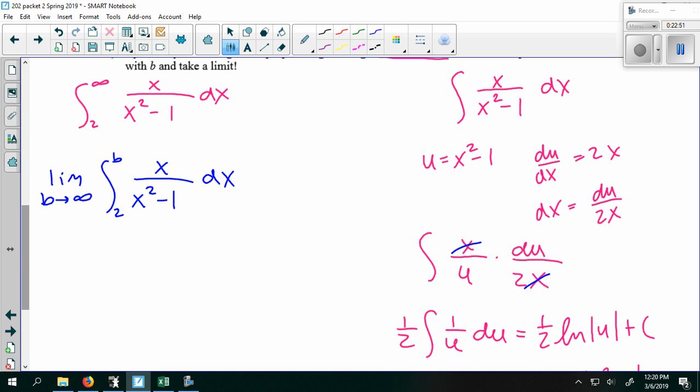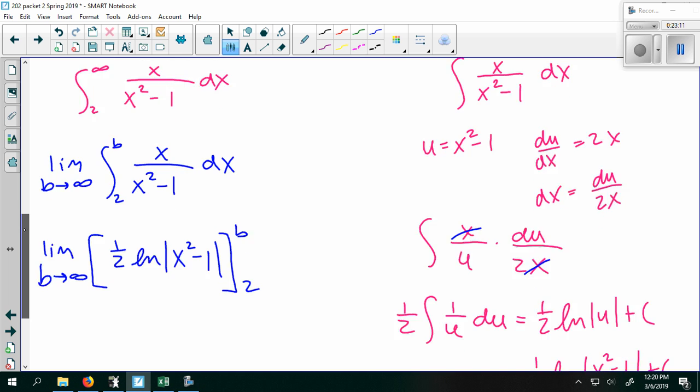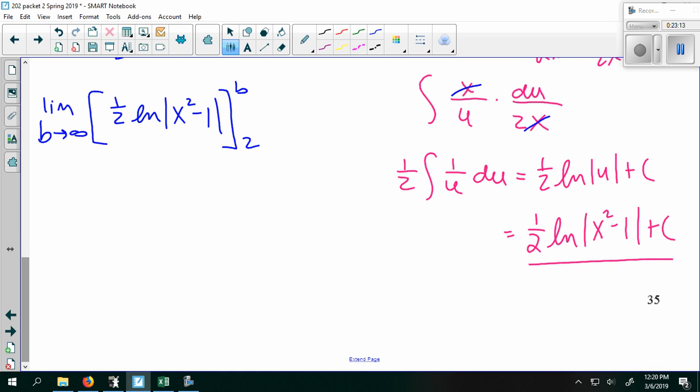So that is the limit as b goes to infinity of, I'm going to take the antiderivative of x over x squared minus 1. Turned out to be 1/2 the ln of x squared minus 1, and evaluate that from 2 to b.